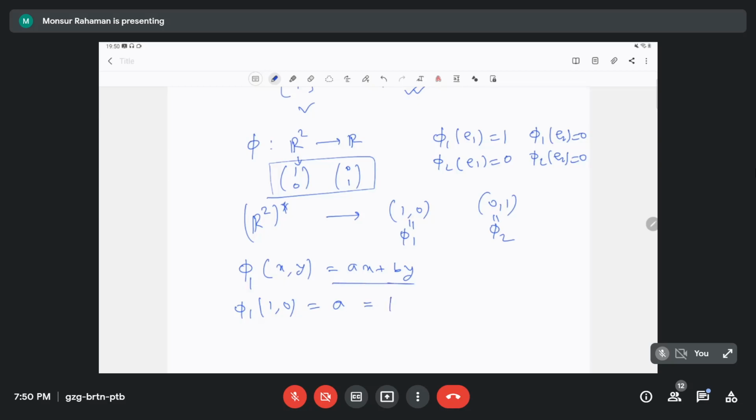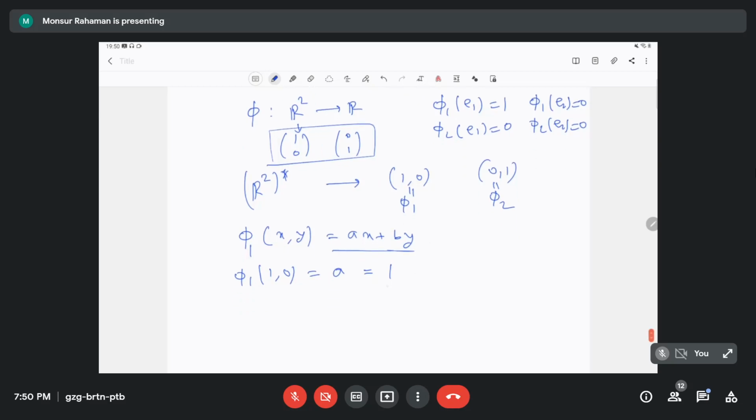So a is 1. And to find b, you have to send 0 1, which gives b. Now this is 0. So b is 0 and a is 1. So phi 1 of (x, y) is x actually only.